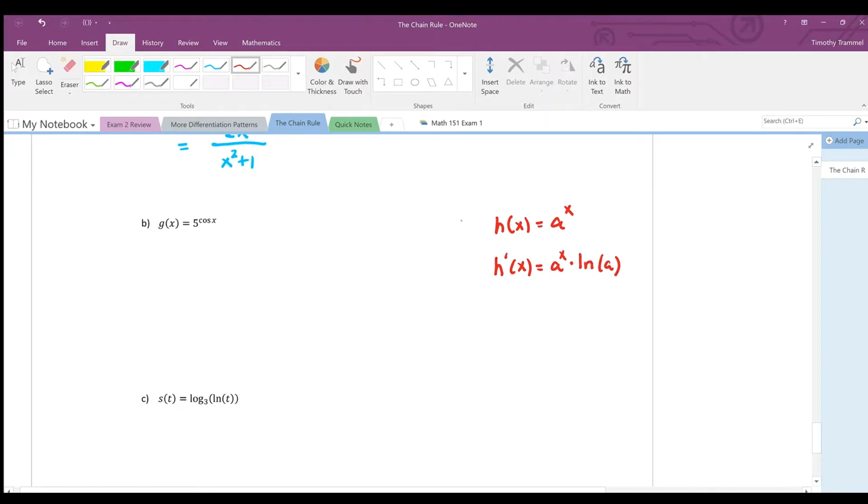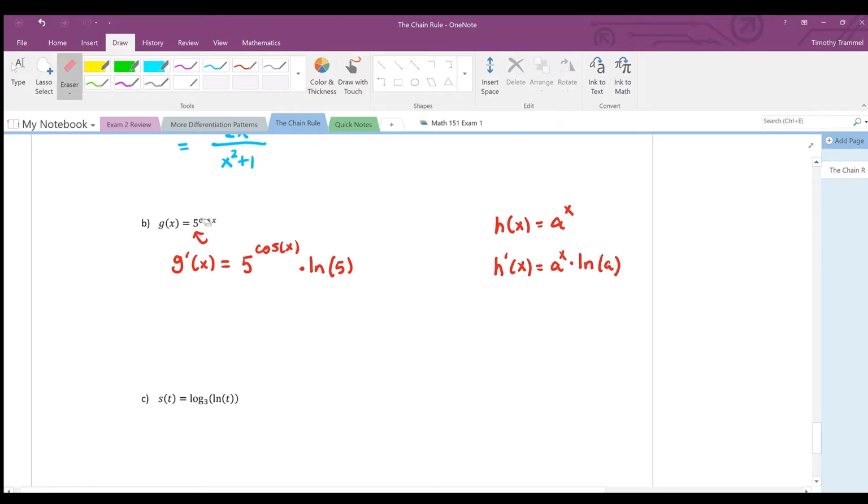So that's the rule we're going to use here. And so I do have 5 to some function, it's not x, but we can start using this rule. The derivative of the outside function should be 5 to the cosine of x times the natural log of 5. Right? The base of this exponent was 5. That's where this is coming from.